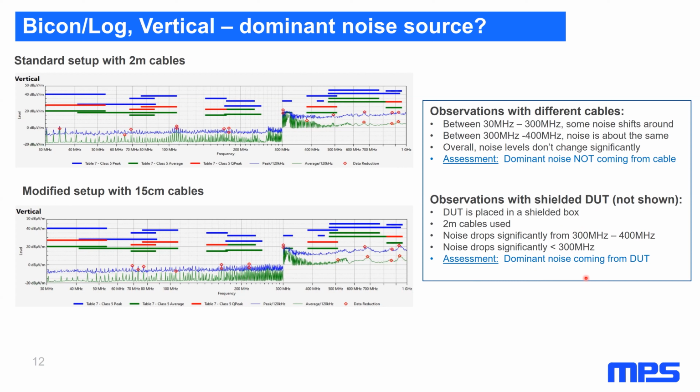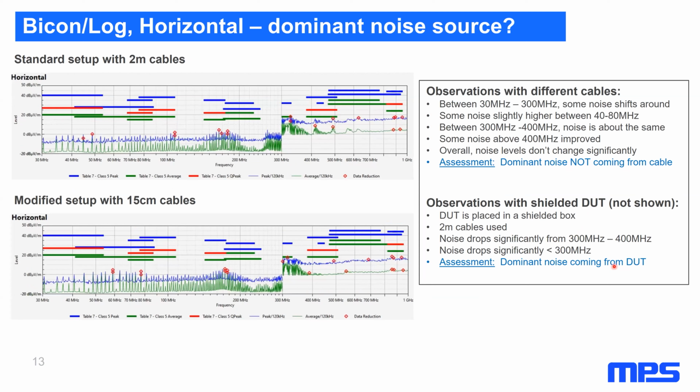So again, my assessment was that the dominant noise is not coming from the cable. When I shielded the DUT enclosure at the higher frequencies, I see that the dominant noise is coming from the DUT. The same goes for the horizontal measurement. I did the same thing for horizontal and vertical, and I get pretty much the same scenario.